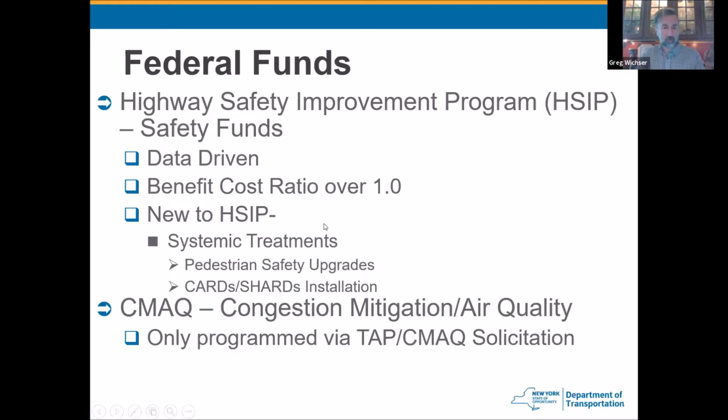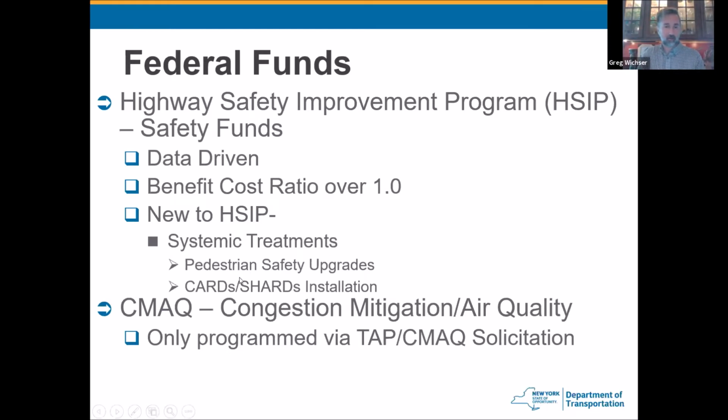One thing that's sort of new to HSIP, and I say new is relative, it's a couple of years, are systemic treatments that don't need the full analysis to use HSIP. These are some very specific pedestrian upgrades, upgraded countdown timers, intersection treatments to enhance pedestrian safety.